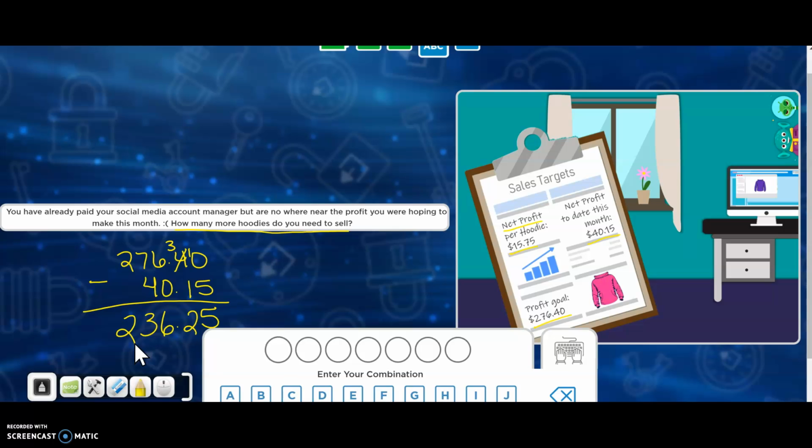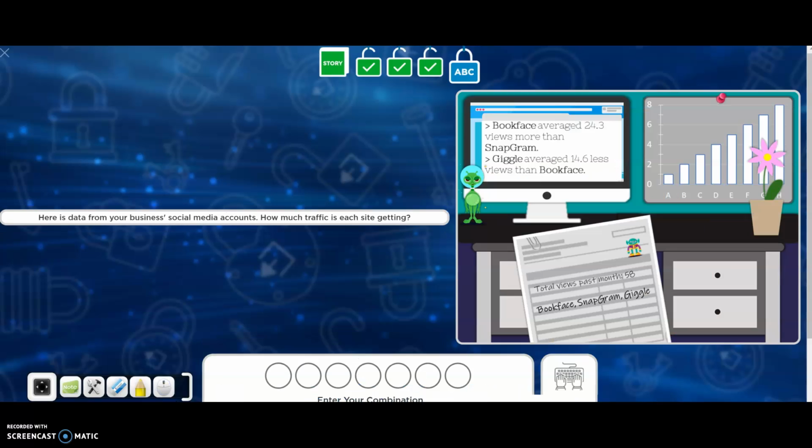Well, if I divide then $236.25 by the profit per hoodie, that's going to tell me how many hoodies I need to sell. And I'm going to get the answer of 15. Well, this is a letter lock, so if I spell 15 here, it will unlock the code.